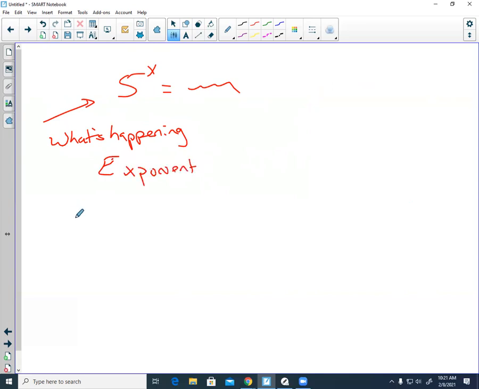What you need to do is undo the exponent, and the way that you undo the exponent is by using logs. Now I'm not actually going through how to solve this at this point. I'm just trying to draw your attention to what you're looking at.